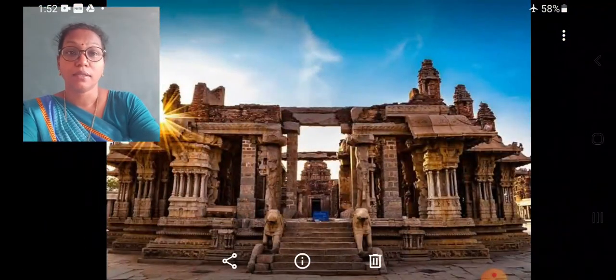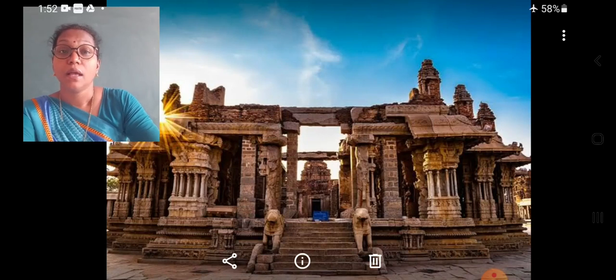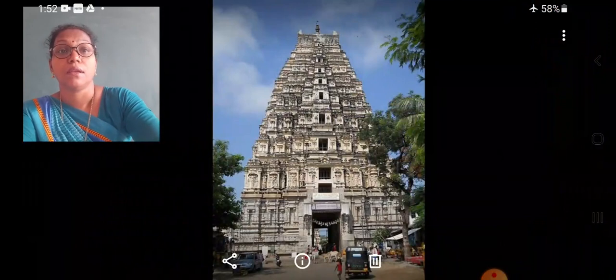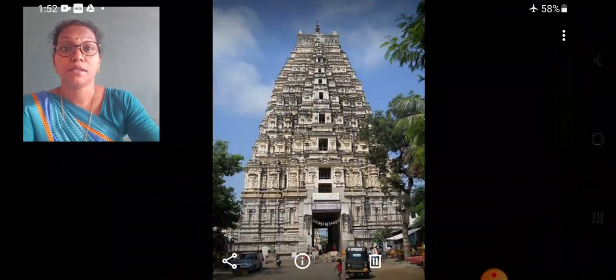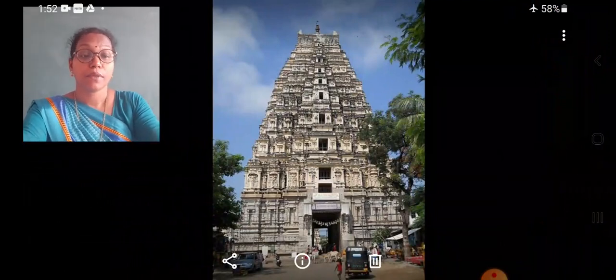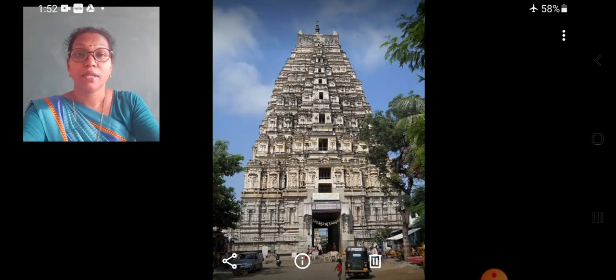Now children, the temples like the Vitthala Swami temple and Virupaksha temple at Hampi have large platforms where the king usually watched the cultural activities. The tower was called the Vimana, and on it there was a dome-shaped structure.